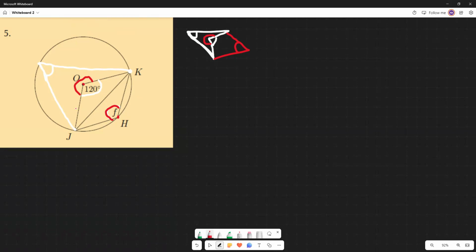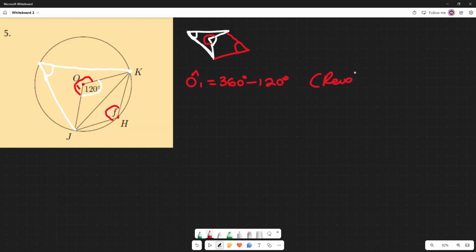Right. So now let's check. You can see that this angle here, I'm going to call it O1. Angle O1 is the same as 360 degrees minus 120, which is a revolution.